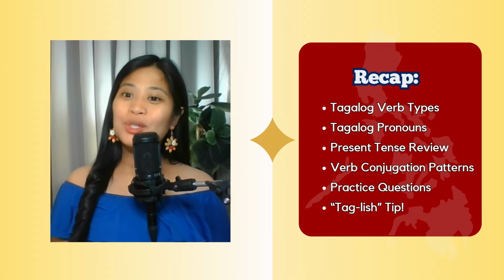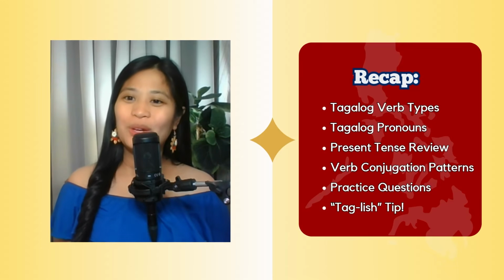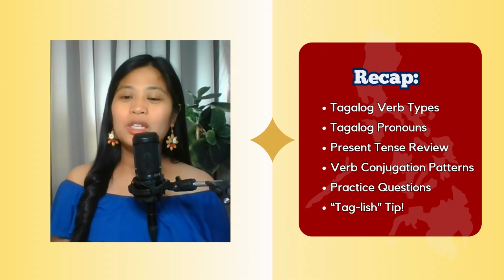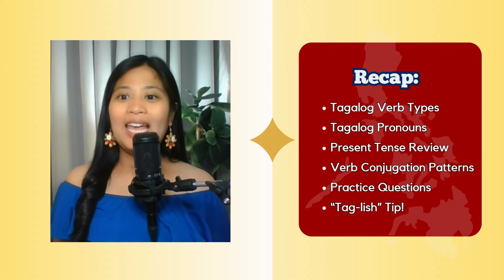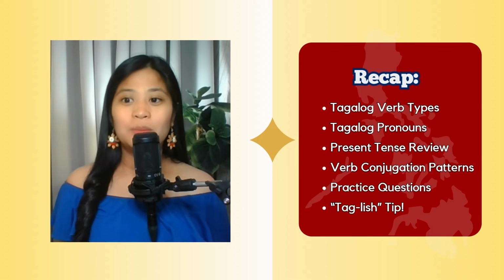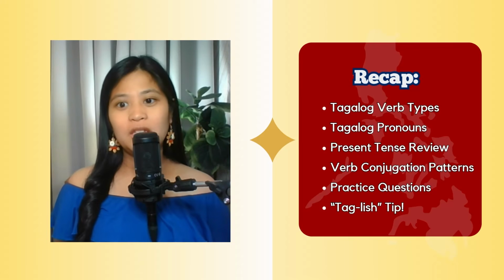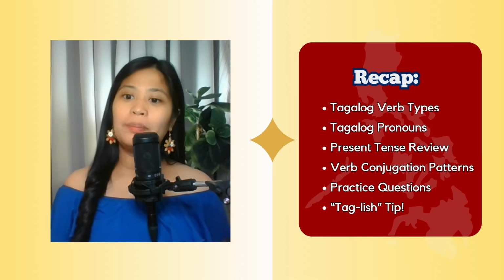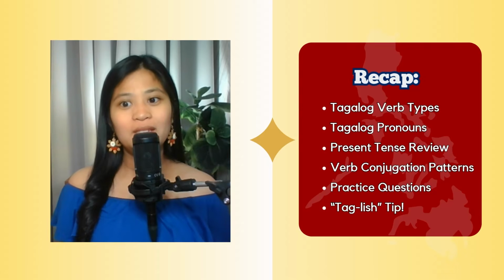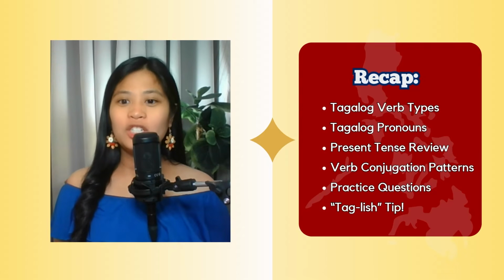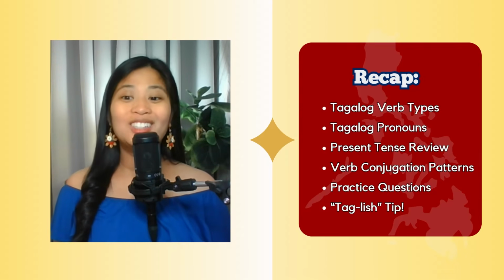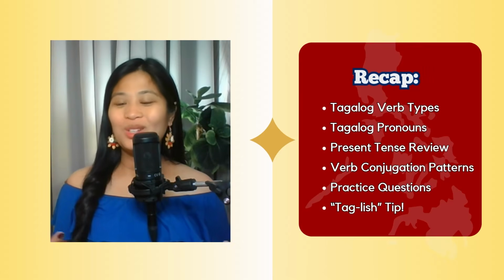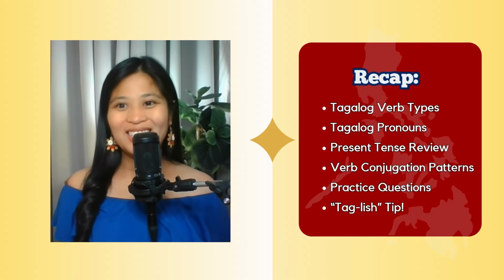Alrighty, well, we learned so much in today's lesson. Here's just a quick recap. We reviewed the different types of Tagalog verbs and the pronouns that we can use in a simple sentence. Then we reviewed the present tense conjugation of these verbs and then jumped right into the past and future tense patterns. Then we did some practice questions and then finished off with a Taglish tip, which I hope you can start using in your everyday conversations.